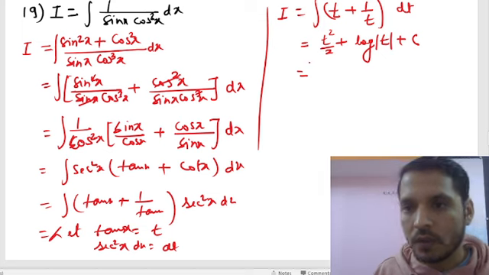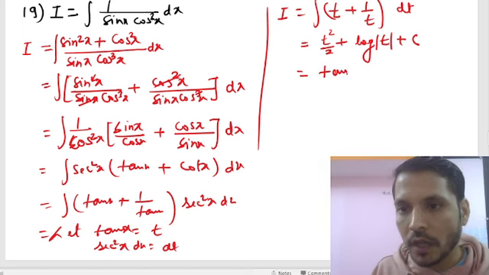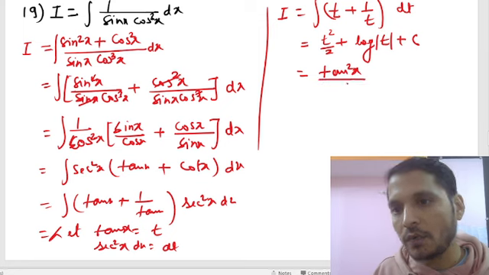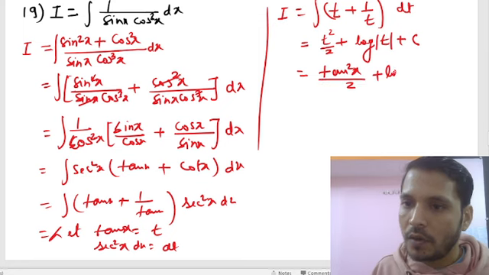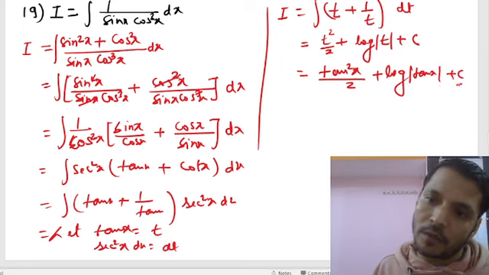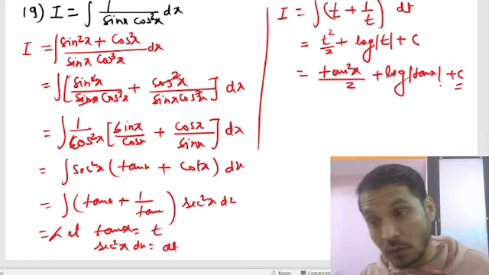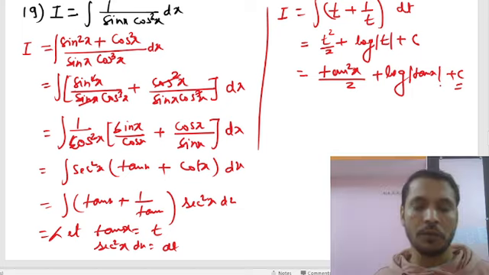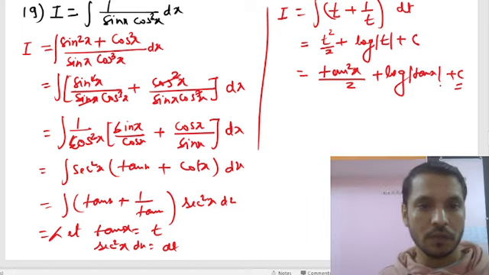So in place of t we will write tan square x by 2 and log mod tan x plus c. Always we write the log in terms of mod. So this is question number 19.